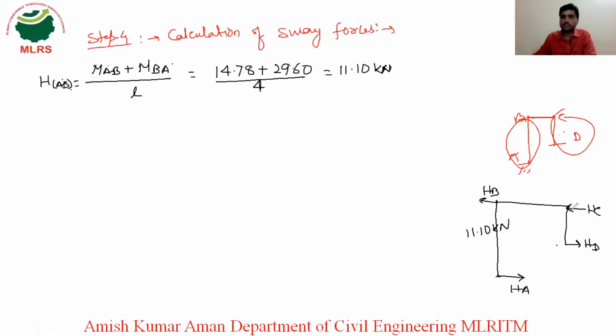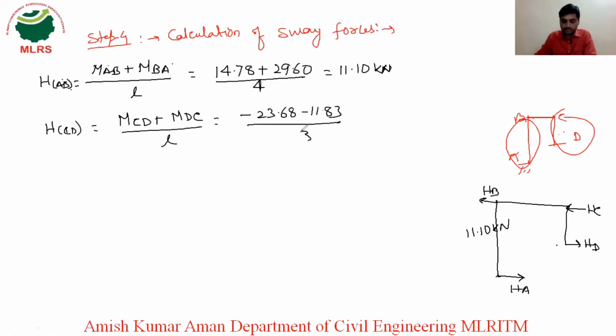Now calculating for CD. So H for CD will be MCD plus MDC divided by its length. So it is nothing minus 23.68 minus 11.83 divided by its length is 3. So it is 11.84 kilonewton.